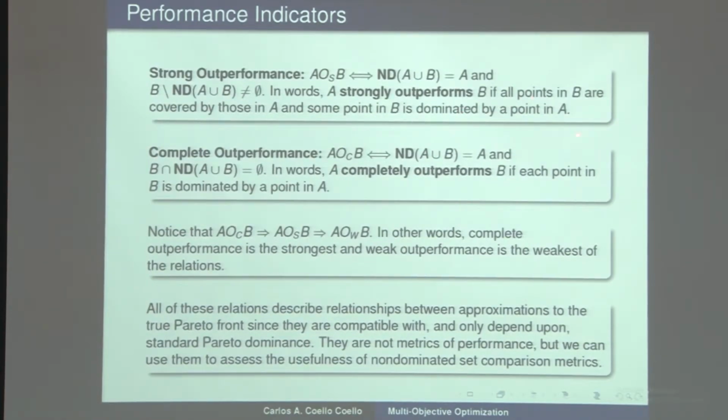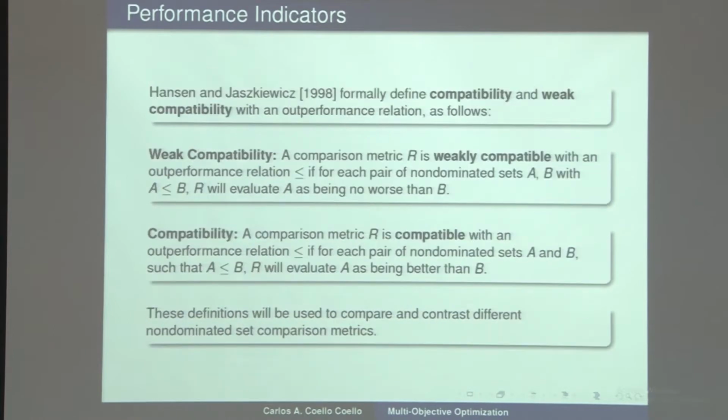For example, a strong outperformance is if all points in B are covered by points in A, and some point in B is dominated by a point in A. And complete outperformance is if each point in B is dominated by a point in A. So all of them are relationships between approximations to the true Pareto Front because they are compatible and only depend upon a standard Pareto dominance. So these are not metrics of performance. These are just relations that I'm going to use to analyze performance indicators.